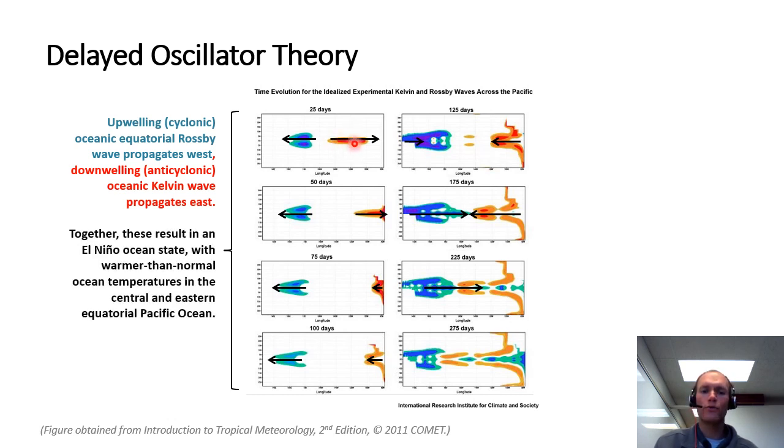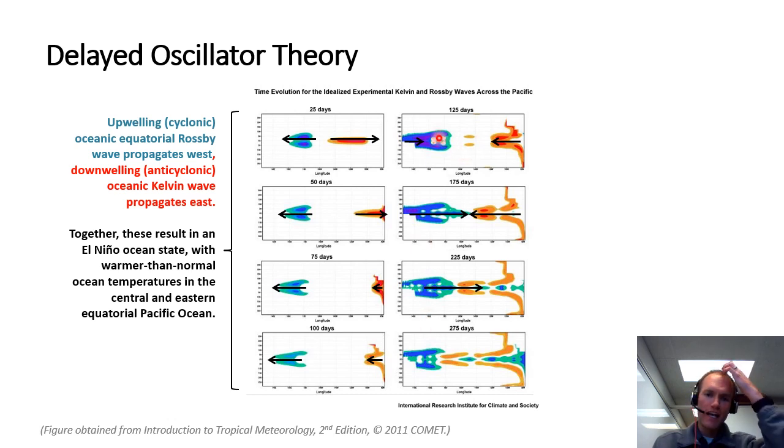As these equatorial Kelvin waves propagate eastward and hit the coast of South America, they are reflected back as a downwelling or anticyclonic version of an oceanic n=1 equatorial Rossby wave. We don't quite see that for the cyclonic or upwelling n=1 equatorial Rossby wave over this first 100-day period. It's only about 125 days in and then thereafter that you start to see that.